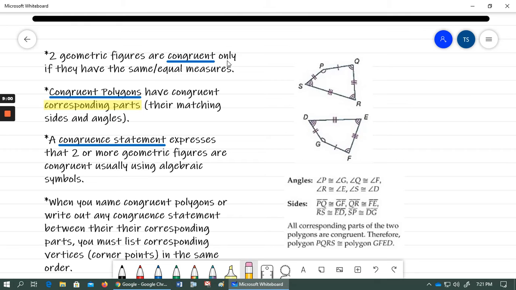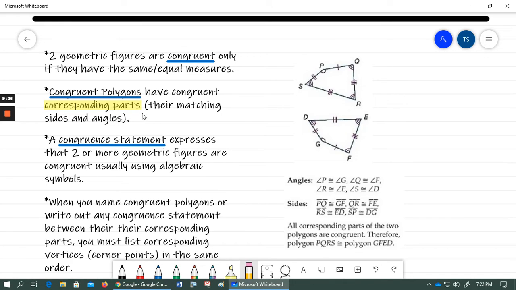Remember, two geometric figures are congruent only if they have the same or equal measures. Congruent polygons have congruent corresponding parts. In other words, when we say corresponding parts, what we mean is they're matching sides and angles.